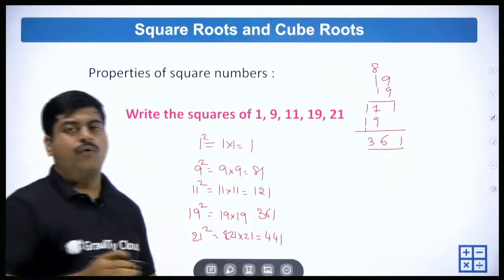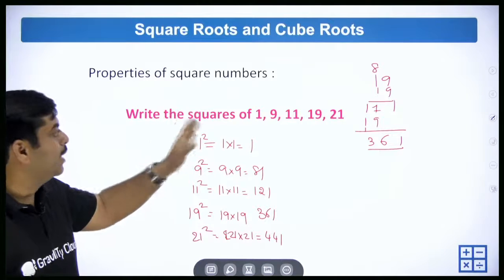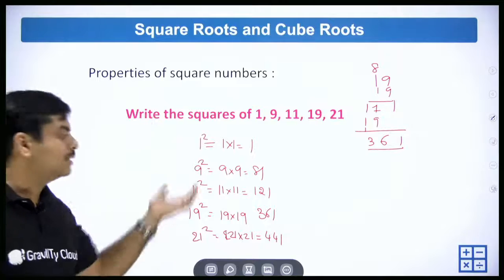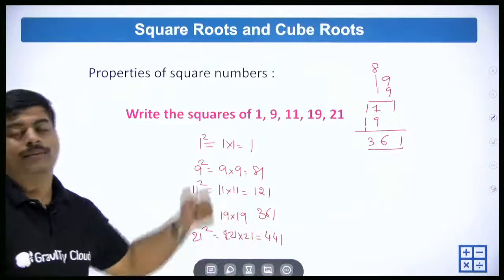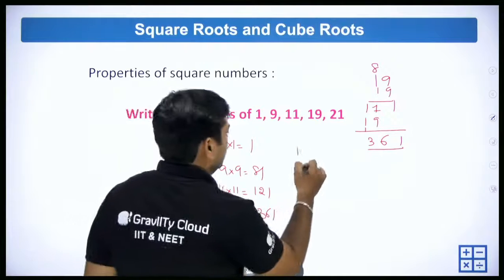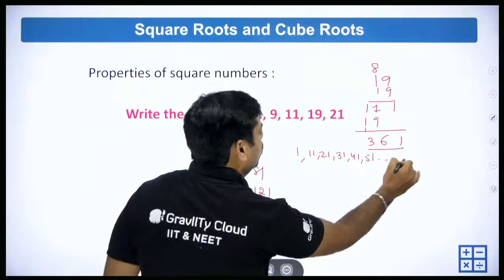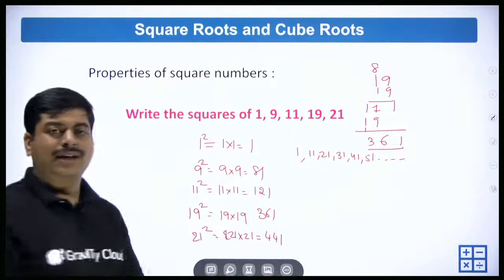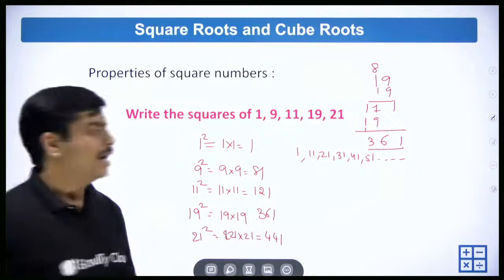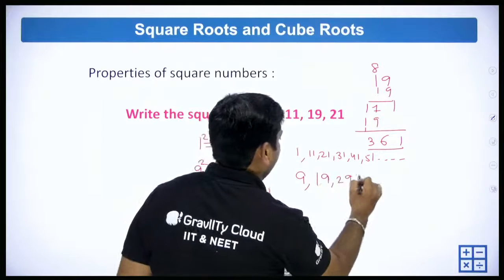So carefully observe what's happening here. The units digits of every number 1, 9, 11, 19, 21 are ending with 1. So 1, 11, 21, 31, 41, 51: all these squares will definitely end with the number 1, as well as 9, 19, 29, 39, 49.